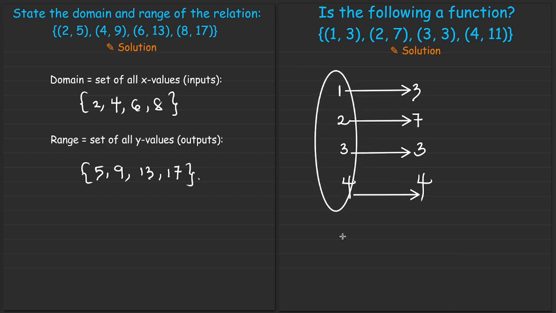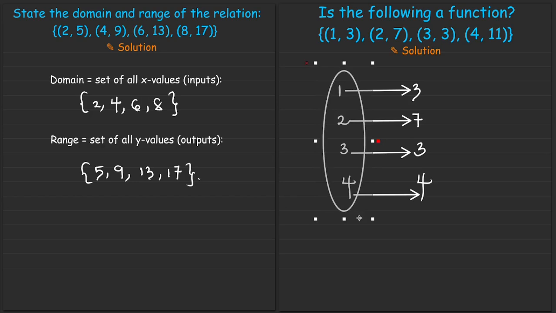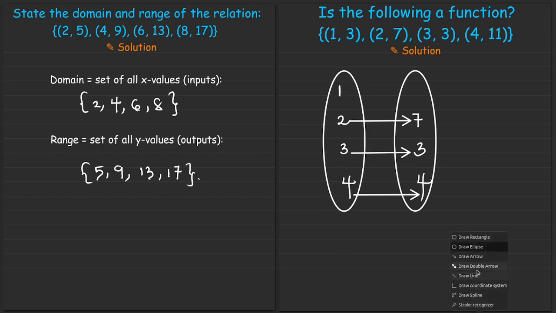So with this, it is clear that each and every element in the mapping is being mapped to just one element in the range. Hence, it is a function. So yes, it is a function. Now, looking at how we have 3 and 3 here, we could have as well decided to take out this 3 and map the 1 all the way to the 3.